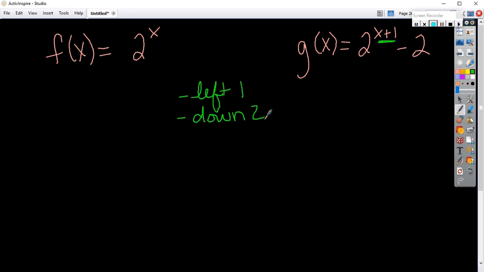Everybody agrees with that? Okay, so look back at the original. We know that the asymptote was at 0. So if I shift that down 2, where does the asymptote end up? At negative 2. So on this one, my asymptote will be at negative 2. Does that make sense?